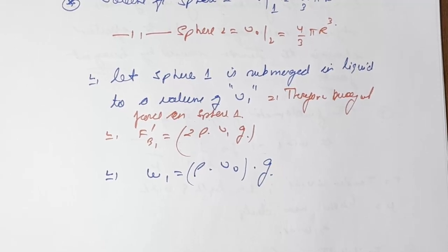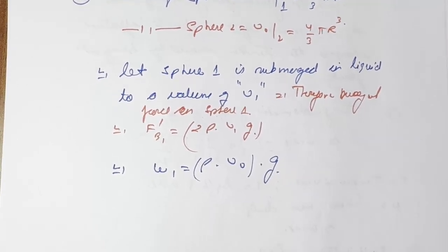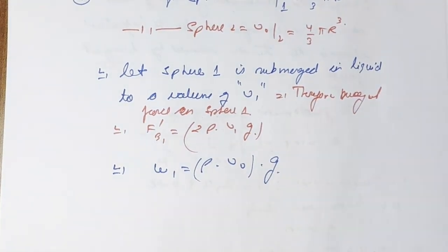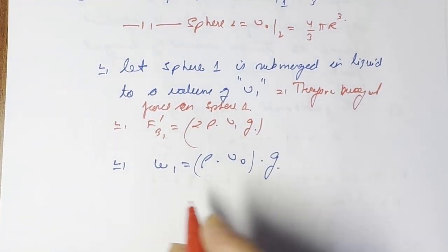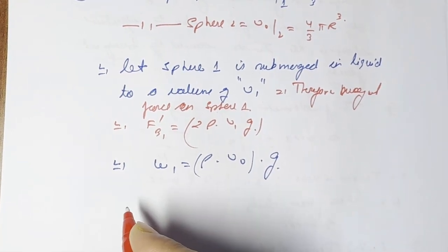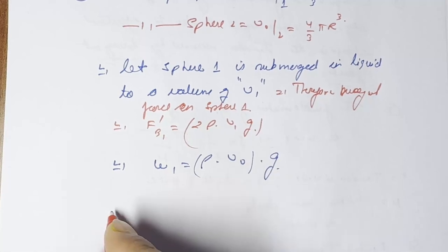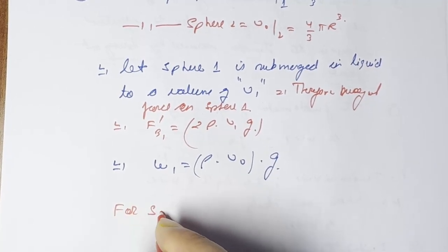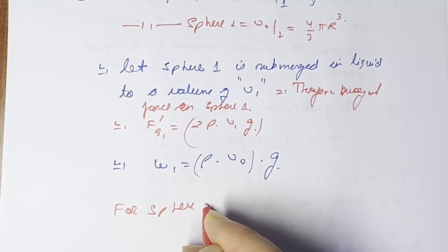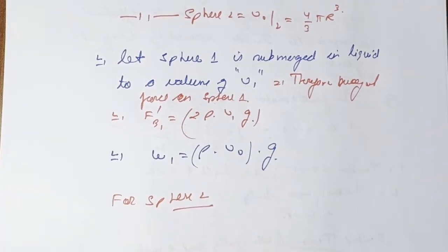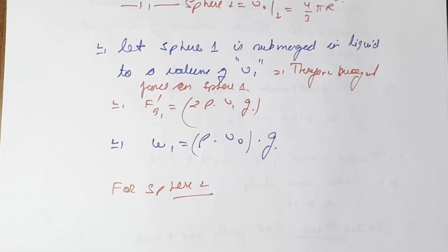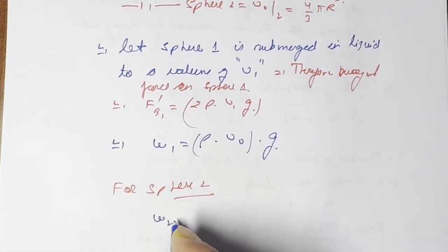And we already know that sphere 2 will be completely submerged because of the relation of its density. So for sphere 2, we have W2, which we calculated.